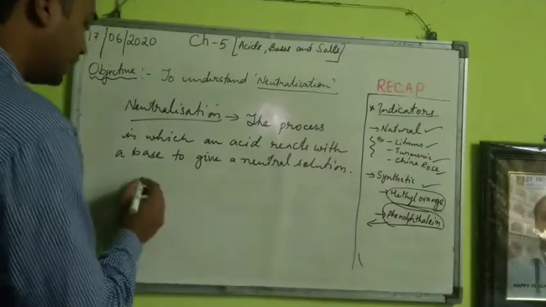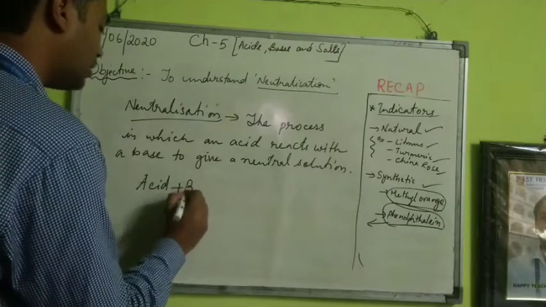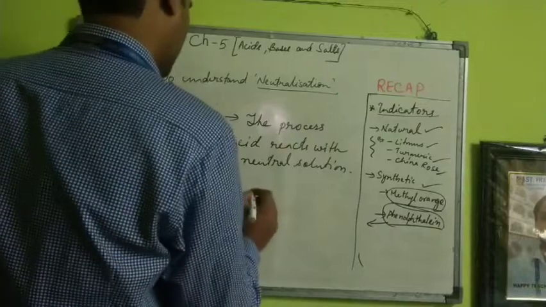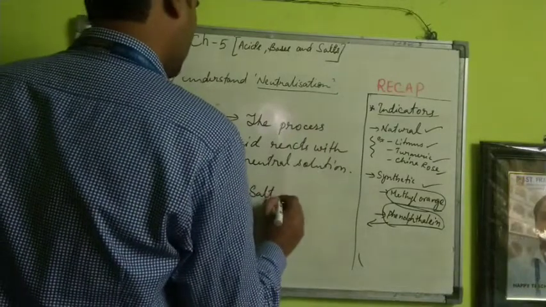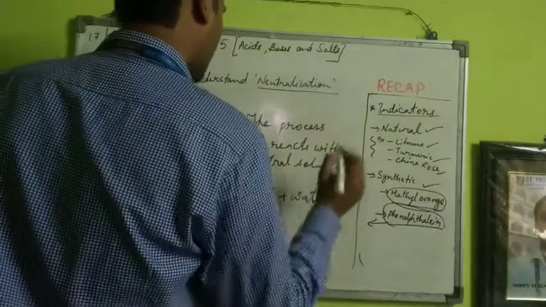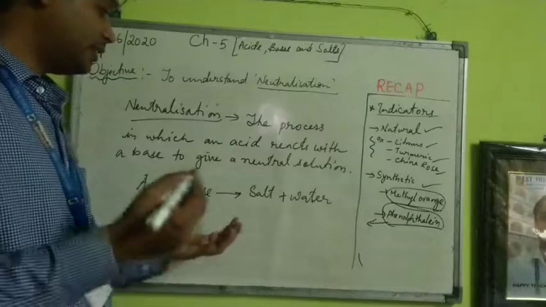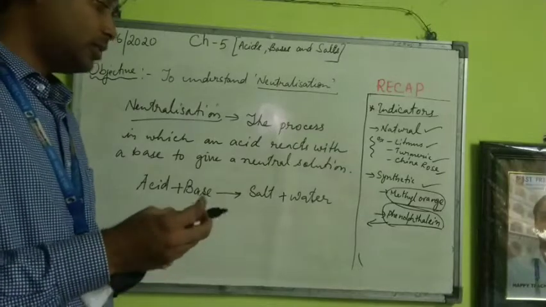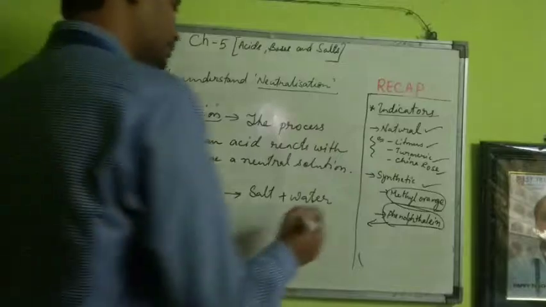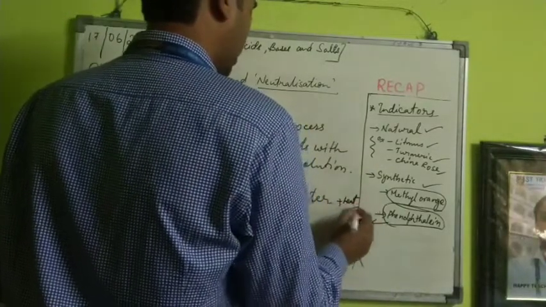So what can we write as a reaction? We can write acid plus base gives salt and water. We'll take an example of an acid and a base, and then we'll see what the salt is, and along with that water is also produced, and some amount of heat is also produced in this reaction.